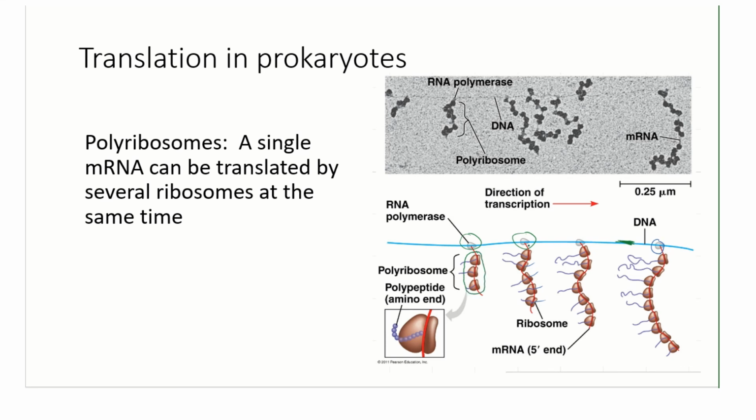We've got all of these polyribosomes that are working to translate, instead of just having one that's running down the entire length of the mRNA. We've got multiple ribosomes.